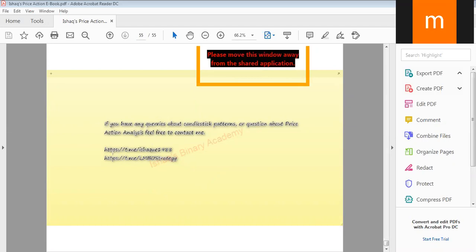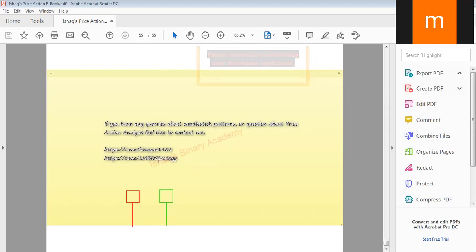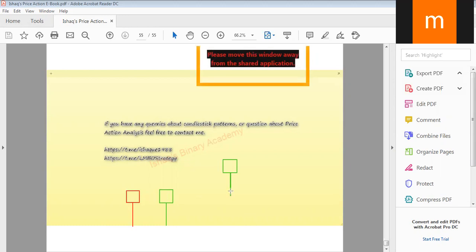Okay, we don't need to go to the hammer, but I will teach you here. It's not a problem. So this is a bearish hammer, and this is a bullish hammer. Okay, these both are hammers.